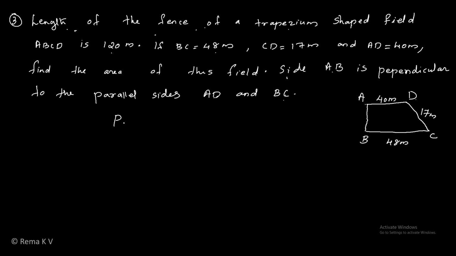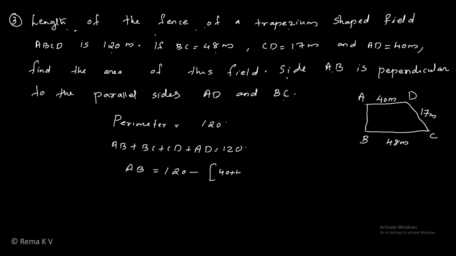So to write the steps, the perimeter is given as 120, that is AB plus BC plus CD plus AD is equal to 120. So only AB is the unknown side. AB is equal to 120 minus the other sides, 40 plus 48 plus 17.